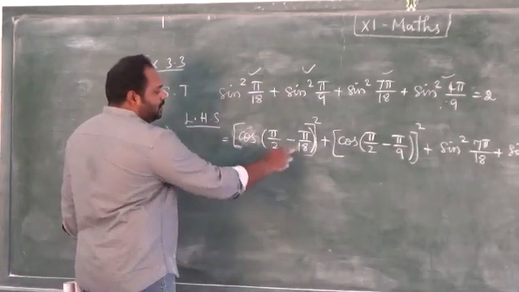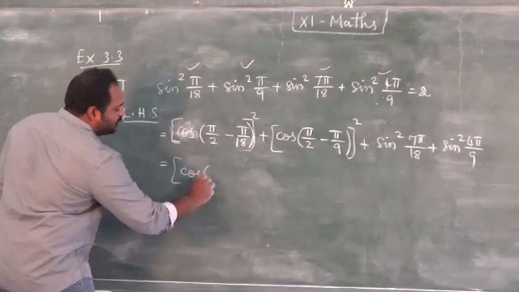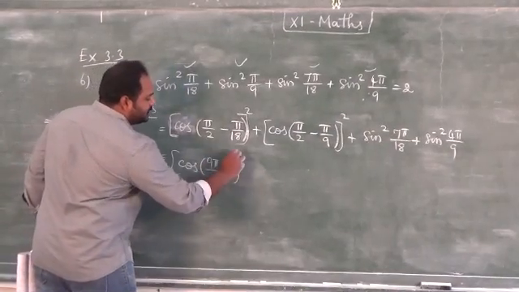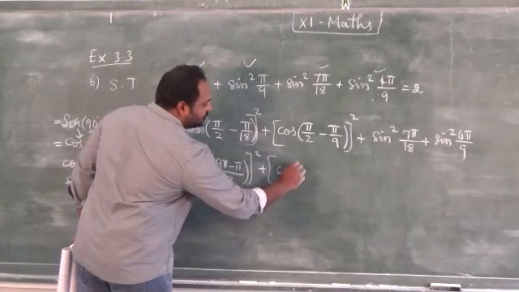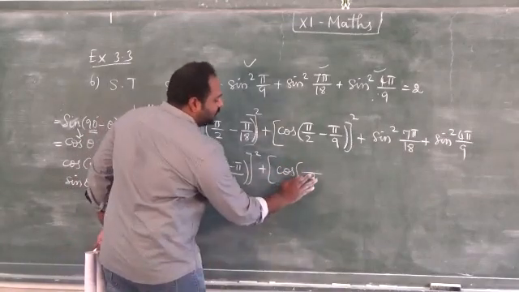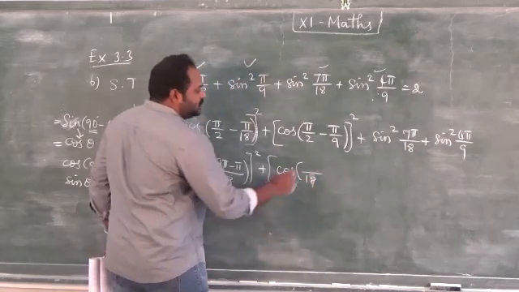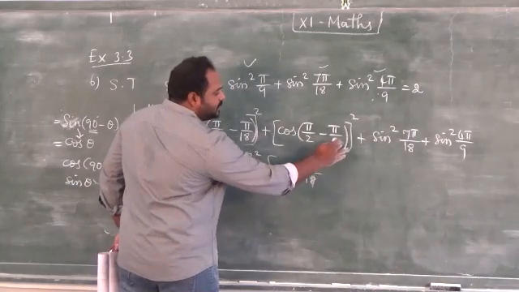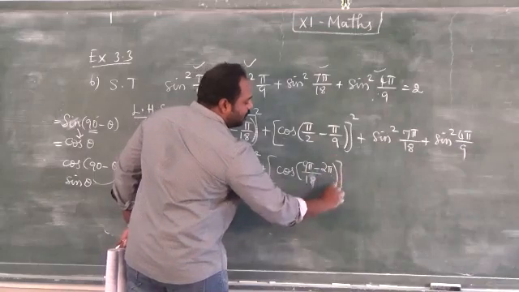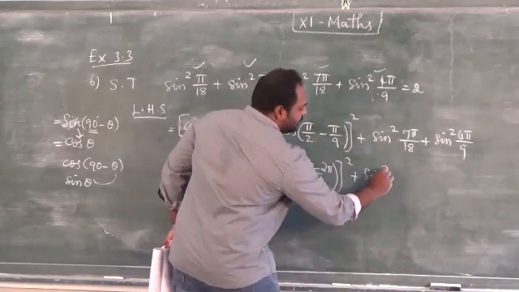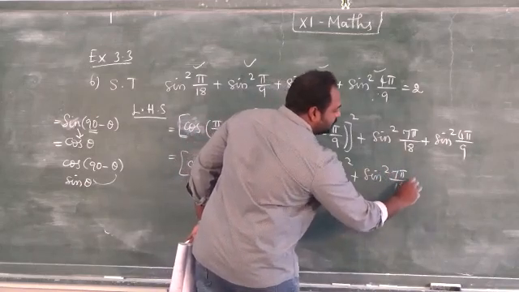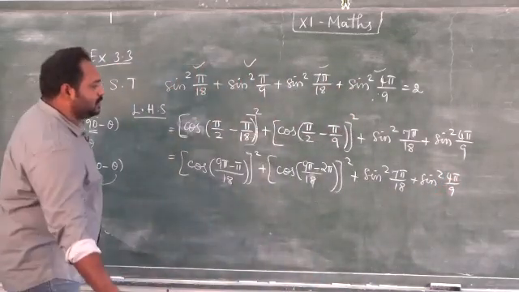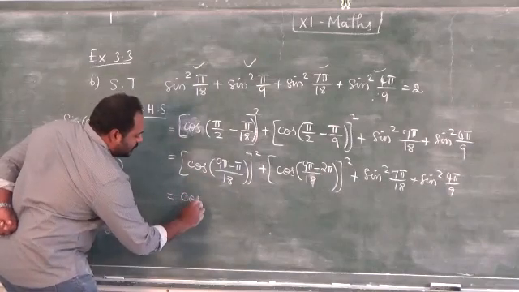Here the common denominator is 18. So cos of (9 pi minus pi) by 18, whole square, plus cos of, common denominator 18 here also, so 2 into 9: 9 pi minus 2 pi, whole square, plus the third and fourth terms as they are.